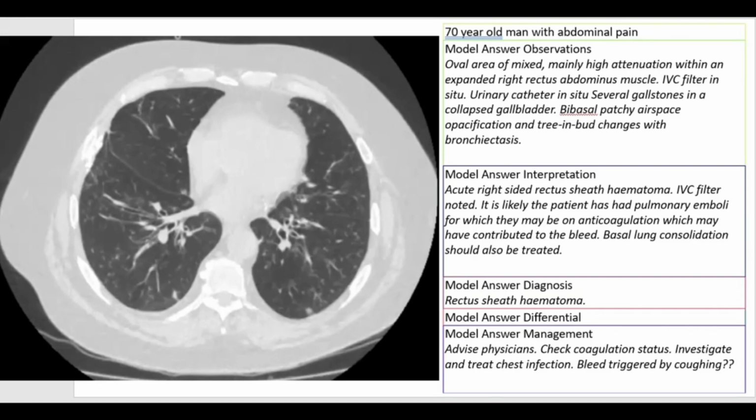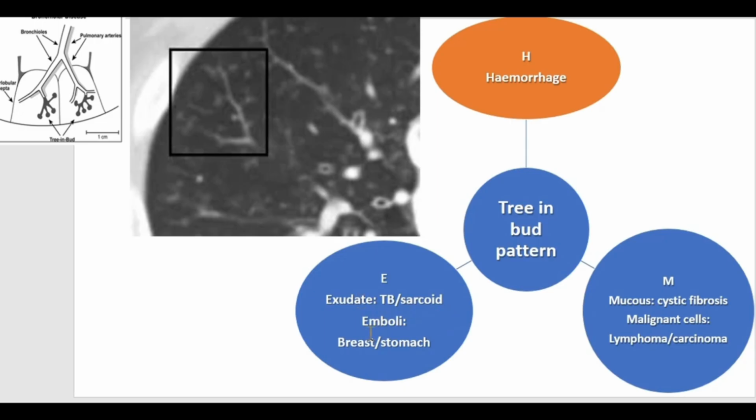However, the lung changes here could be due to pulmonary infection or due to pulmonary hemorrhage, alveolar hemorrhage.